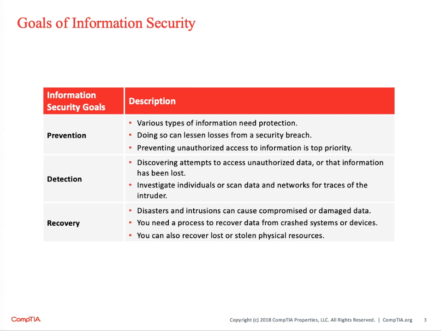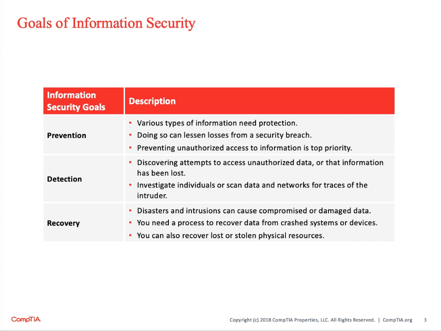If there's a breach of security in any of these areas, then the organization is going to have to put forth a lot of effort to recover any losses. So, establishing prevention measures is going to lessen the effects of any losses from a security breach. Preventing entities from gaining unauthorized access is going to be the number one priority of information security professionals.